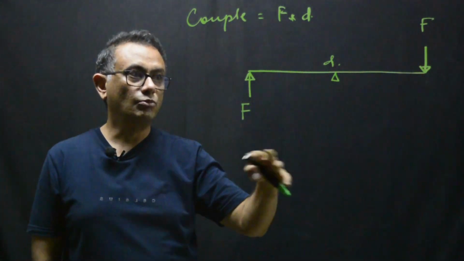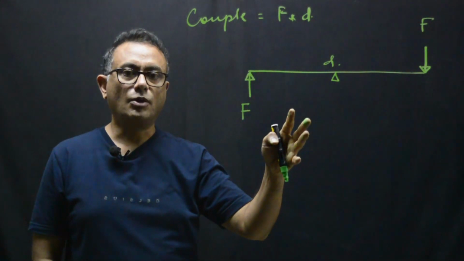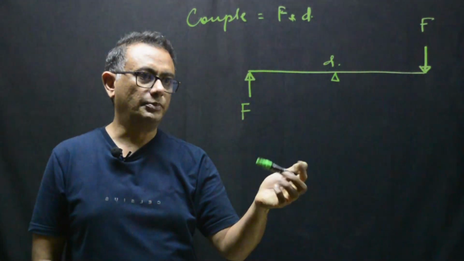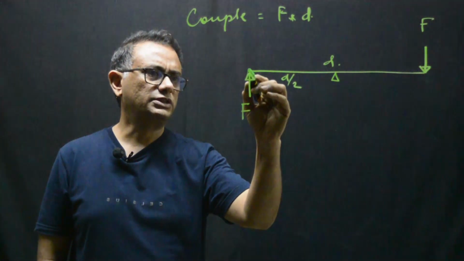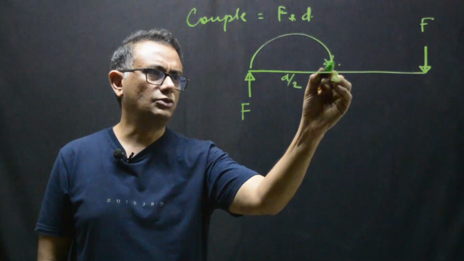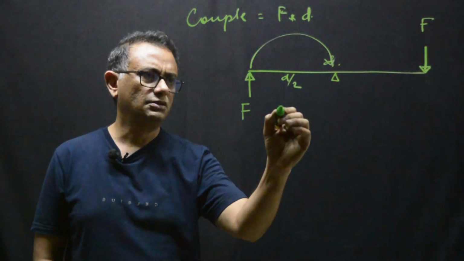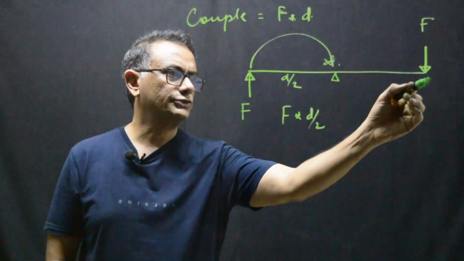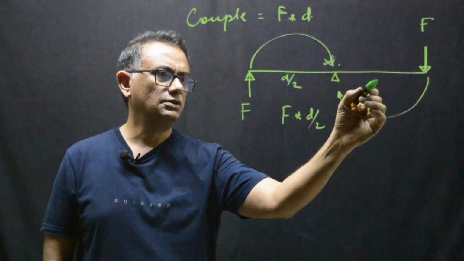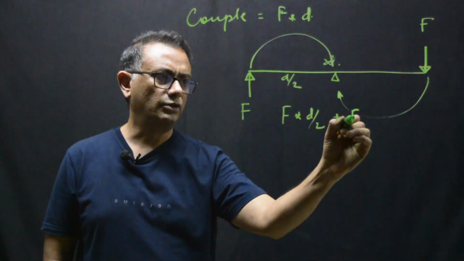That is the overall moment of the object, which is what is called a couple. If you want to, we can consider this as D by 2. So this is going to be an anti-clockwise moment, F into D by 2. And once again, this is also going to be an anti-clockwise moment, F into D by 2.